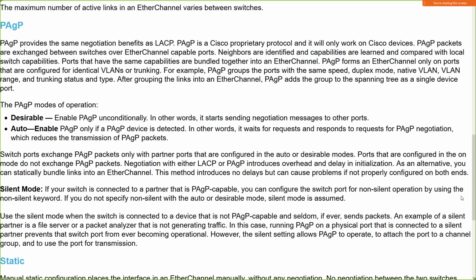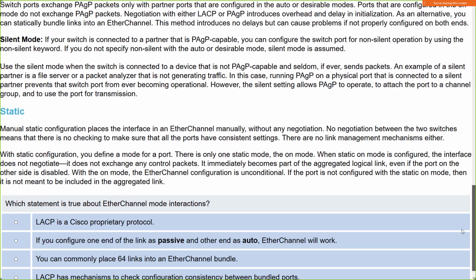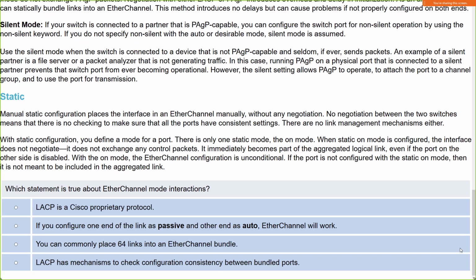Now, you could do static mode, right? Static mode is when you're not using a protocol at all, and basically the EtherChannel is going to be configured manually. There's no negotiation that happens between the two switches. There's no checking to verify whether or not the other switch can participate in the EtherChannel. It just simply assumes that the other side is configured, and the EtherChannel will come up and start running.